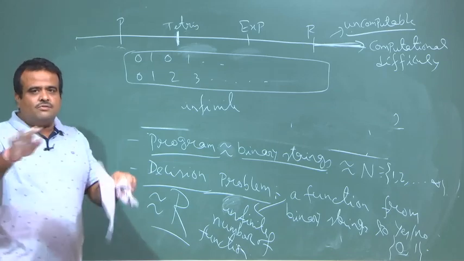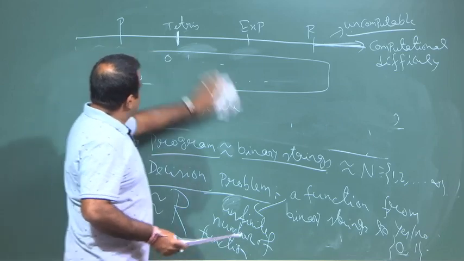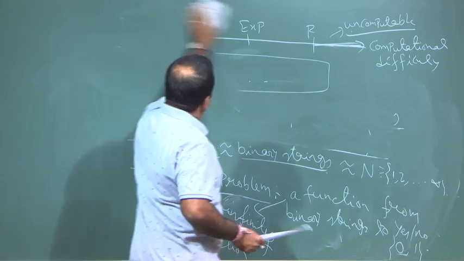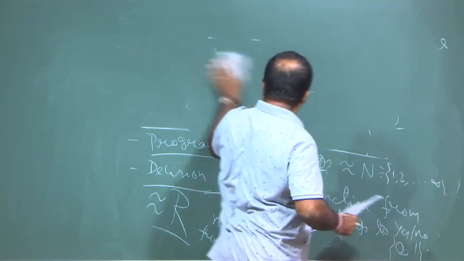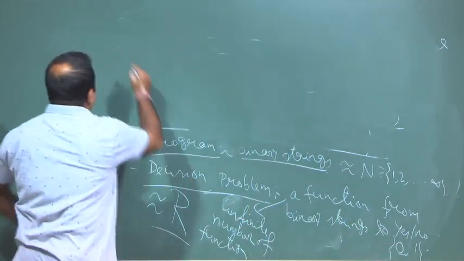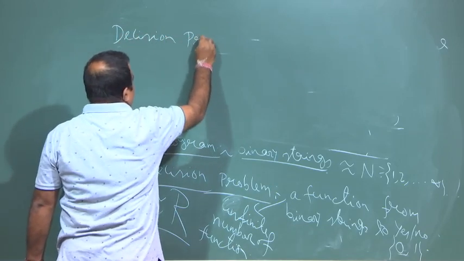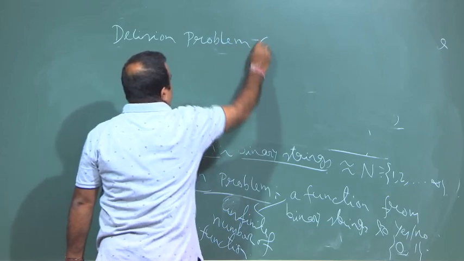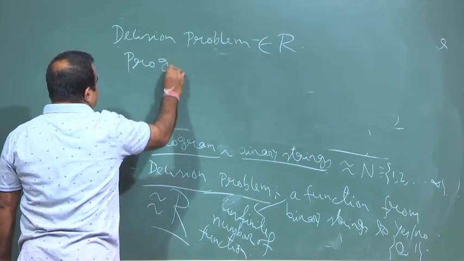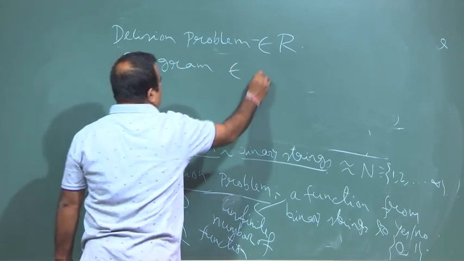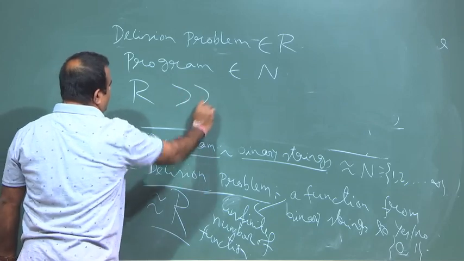So this is an uncountable set. Our decision problems belong to the R set, and our computer programs belong to the N set. Now R is far greater than N.